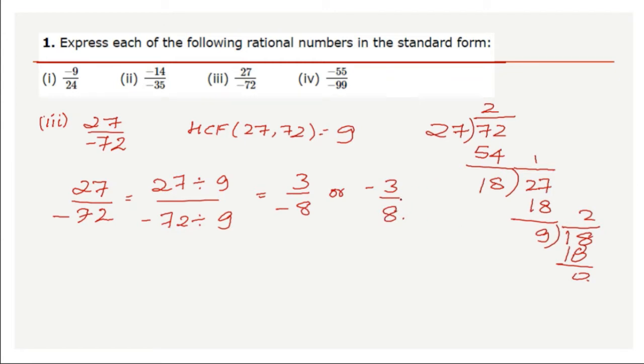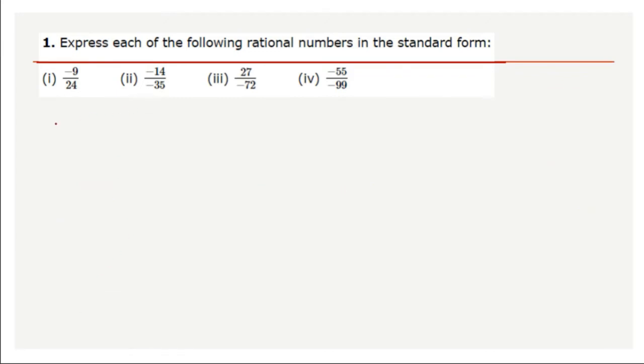So the standard form is negative 3 by 8. If there is a negative number in the denominator, it is considered as negative number in the numerator. That's the standard form.